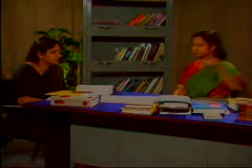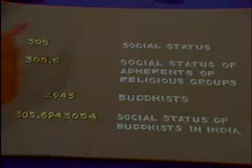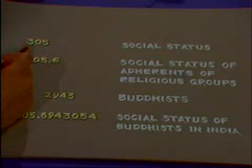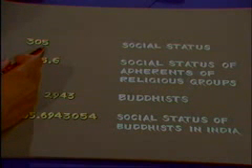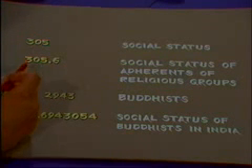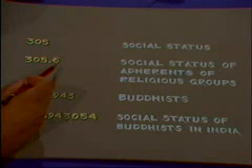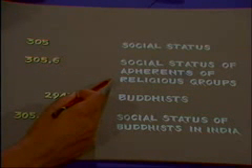Social status of Buddhists in India. The basic subject of this document is social status, which is represented by the number 305. Under this number, the subdivision 305.6 represents social status of adherents of religious groups.